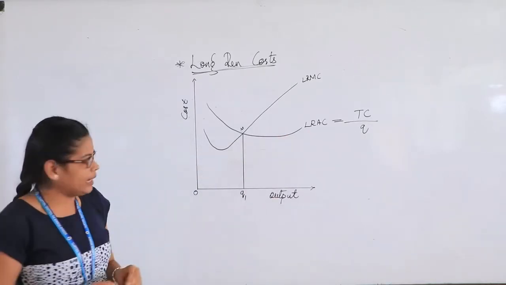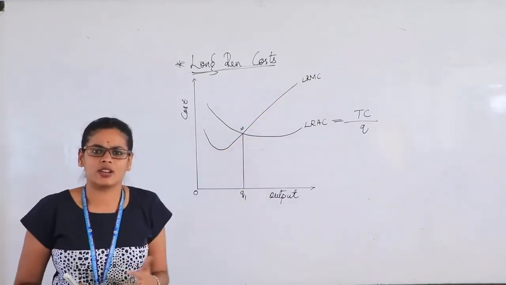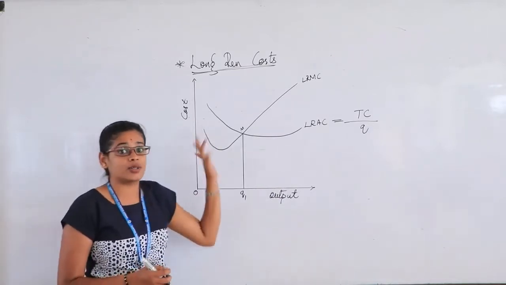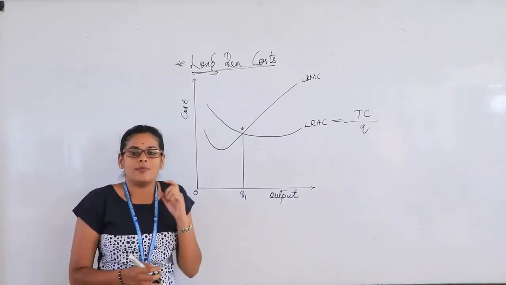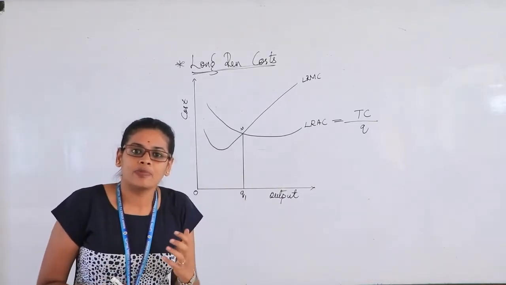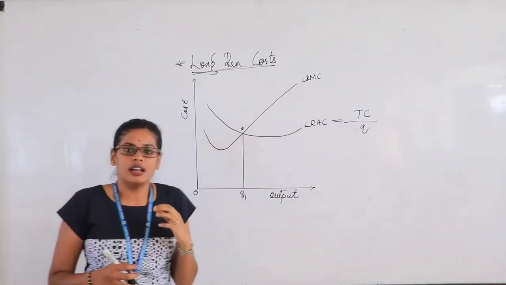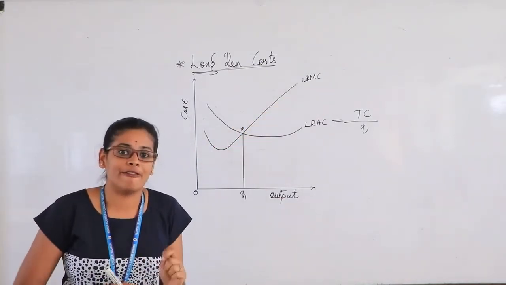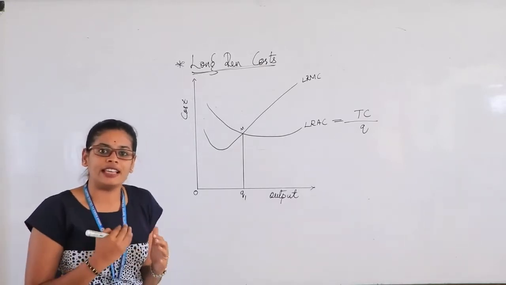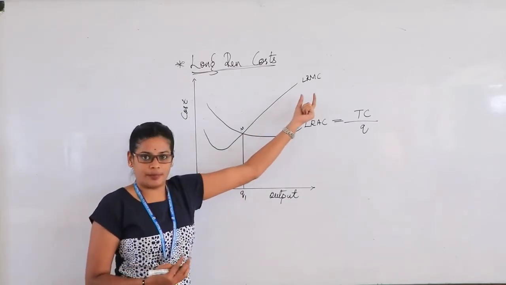Now coming to the long run marginal cost. What is this marginal cost? We have already studied this in our previous classes with regard to the short run cost, right? This cost comes only when we change our quantity, or when there is an additional unit in the production, right?